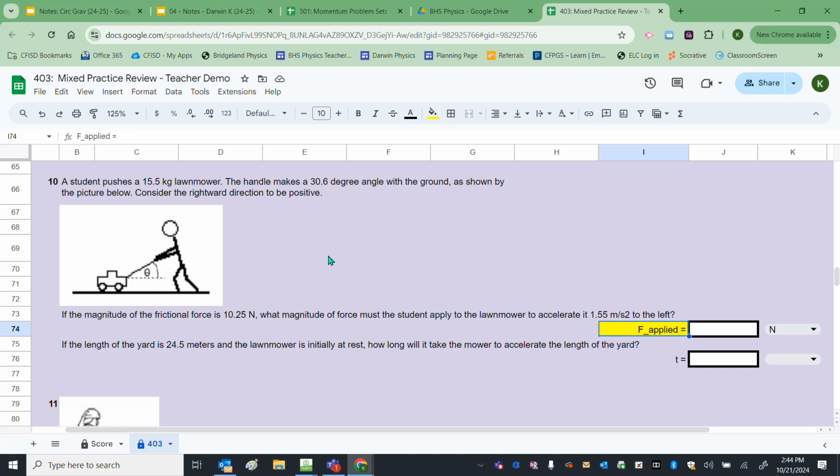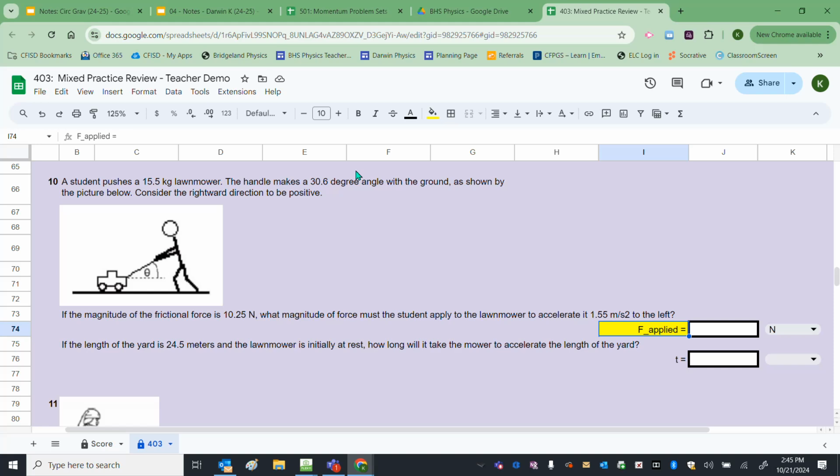Now the actual question that's being asked did not match the value that he asked for over to the side, so I went ahead and changed mine. I highlighted it yellow. On your copy it says F net, but if you read the question, it says if the magnitude of the frictional force is 10.52 newtons, what magnitude of force must the student apply to the lawnmower to accelerate at 1.55 meters per second squared to the left?